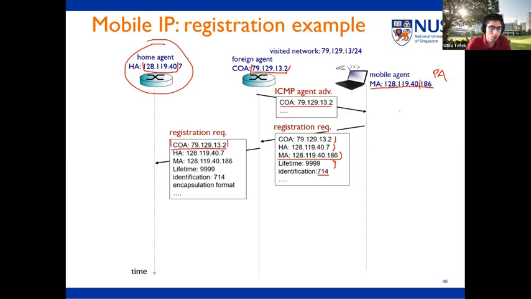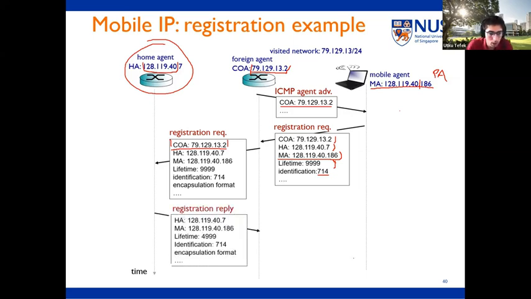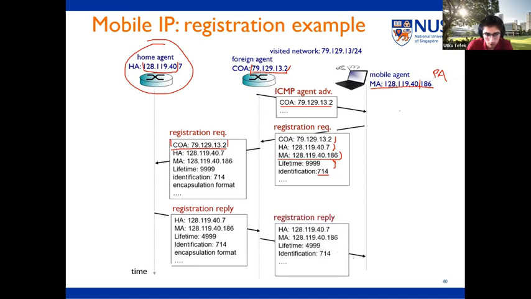And then the home agent sends a reply, and that reply is forwarded to the mobile agent. So at the end of this registration protocol, what happened? The home agent learned the care of address, and the foreign agent learned the permanent address. So now they can do the tunneling and forwarding to the mobile agent.